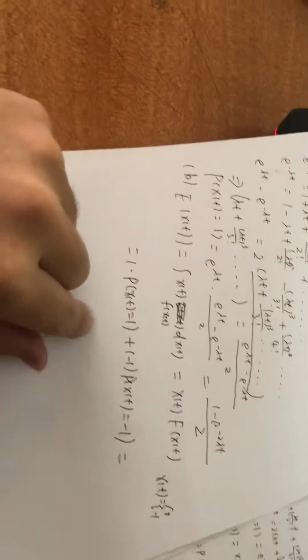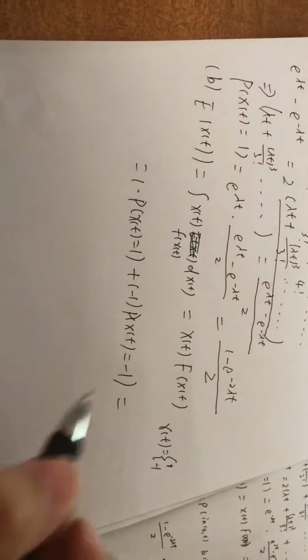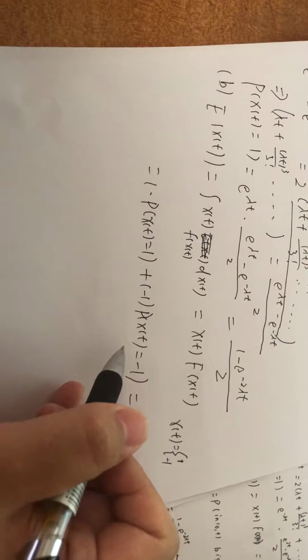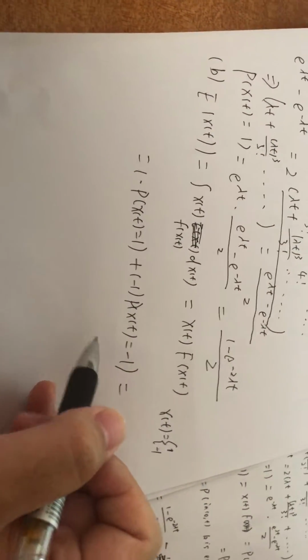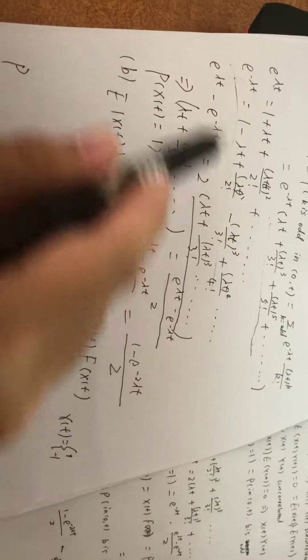So now we have the probability X(t) equal to 1. How to get the probability X(t) equal to -1? We also need to use these two functions.